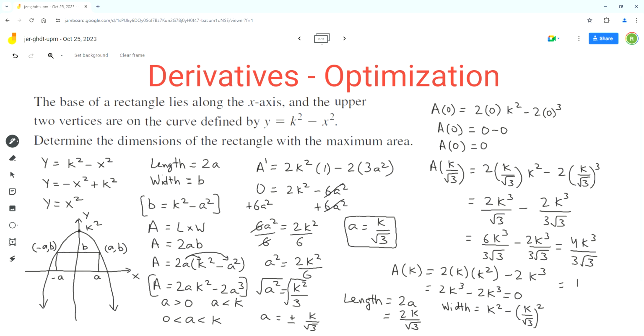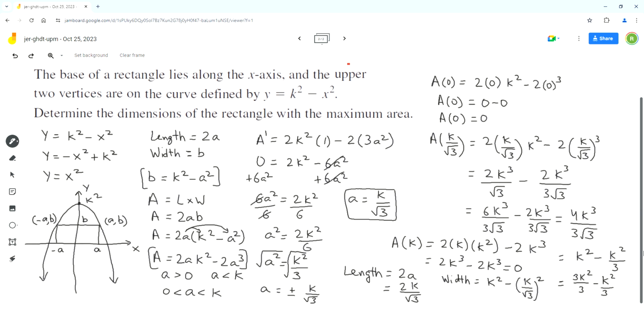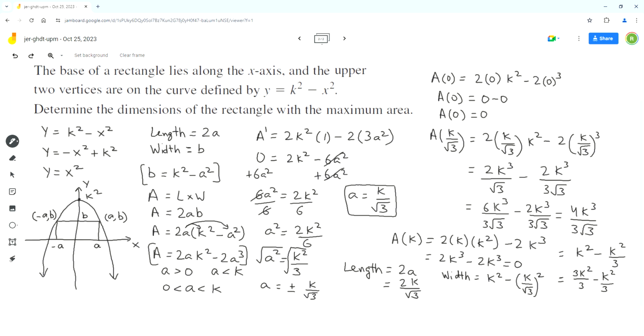So we can subtract these fractions by finding a common denominator, and the common denominator is 3. 2k square over 3.